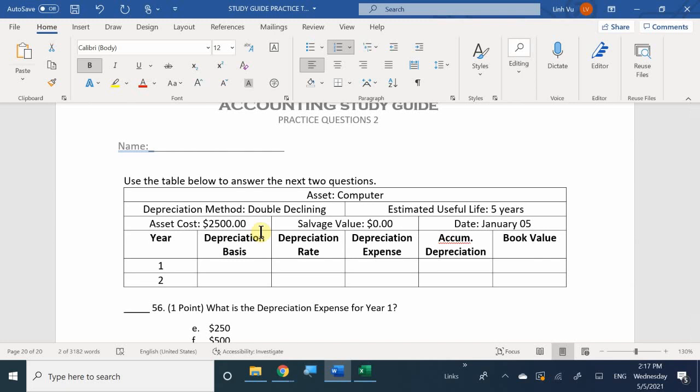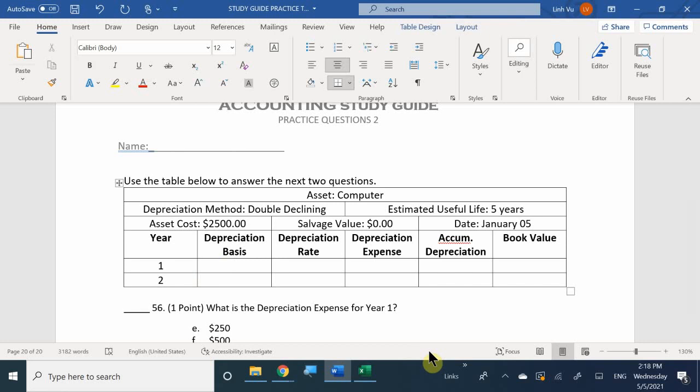This time we bought another computer, and we're not using straight line, we're using double declining. The information's the same. The asset costs $2,500 with a salvage value of 0. Estimated useful life is 5 years, and you place it into service as of January 5th. Once again, we're assuming that the depreciation is done at the end of the year.